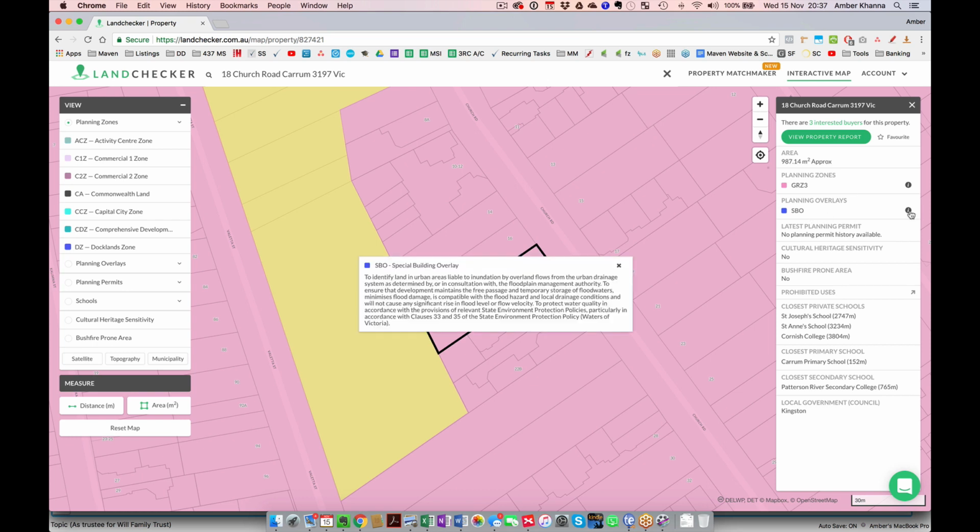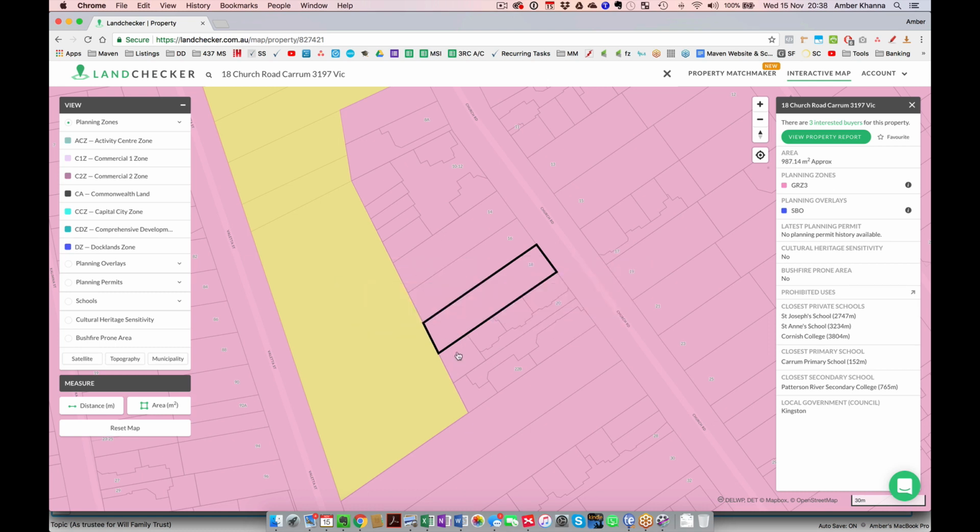So yeah, planning overlays, it's got an SBO overlay, which is special building overlay to identify land in urban areas liable to inundation by overland flows from the urban drainage system as determined by or in consultation with floodplain management authority to ensure the development maintains the free passage, temporary passage. So it's actually probably because of this. And I'm not sure how these people managed to actually build it.